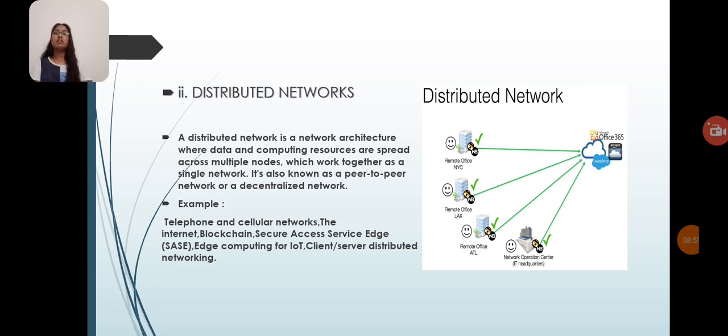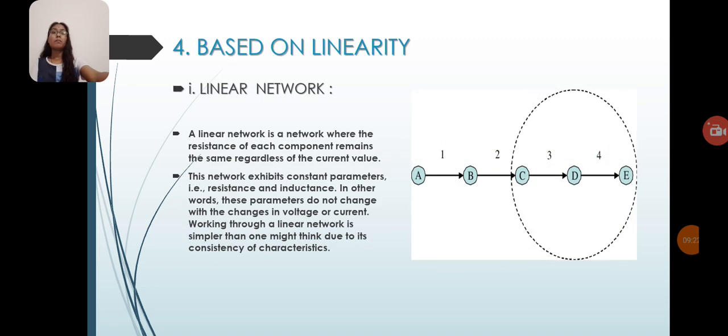For example, telephone and cellular networks, the internet, blockchain, secure access service edge, that is SASE, edge computing for IoT, and client server distributed networking. Here we can see the diagram of a distributed network, and let us know based on linearity.